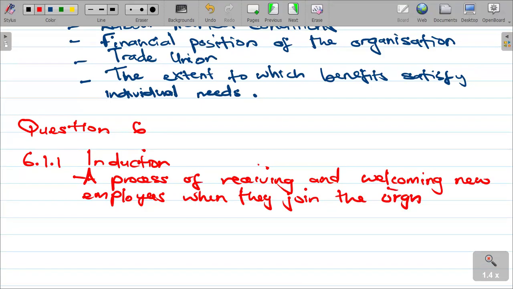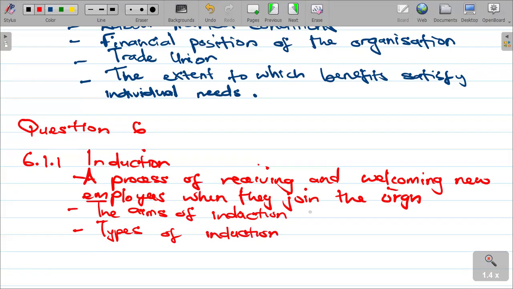That's what we call induction. Here you are also going to give the aims of induction and the types of induction.